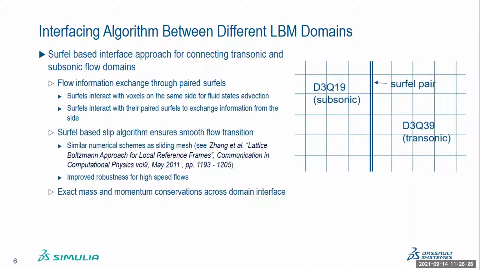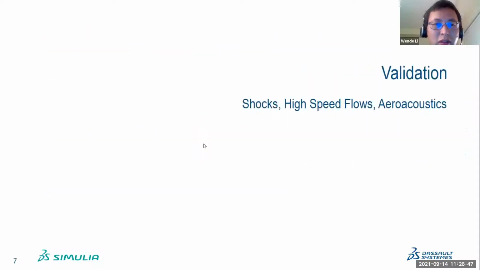For more details, I would suggest looking at the reference list on the slides. It's similar to our numerical schemes for the sliding mesh technique. Okay, thank you. I will go ahead to the validation cases. If you have more questions on the implementation of this algorithm, we can discuss in the question section.